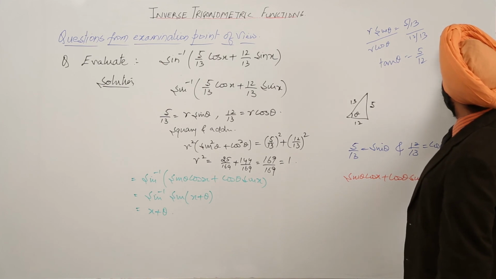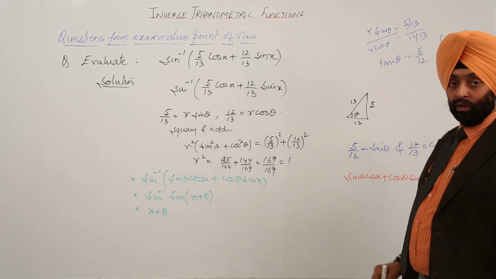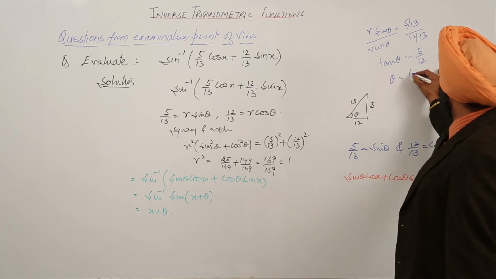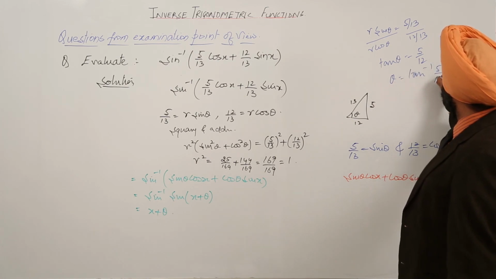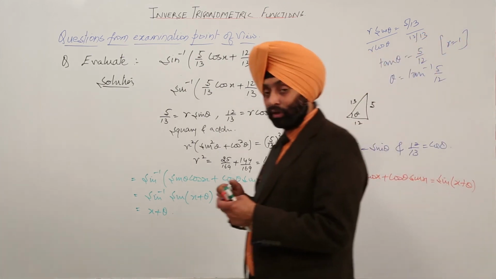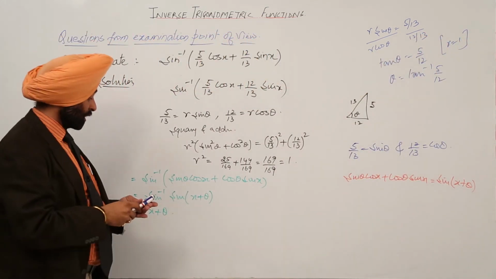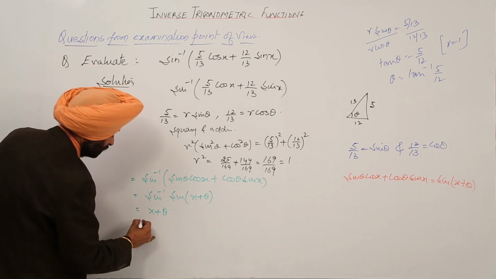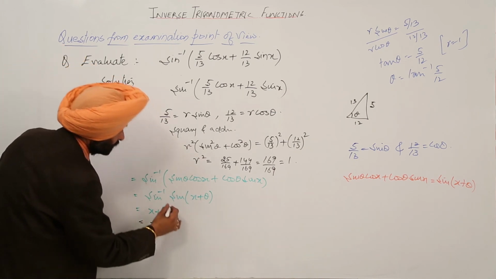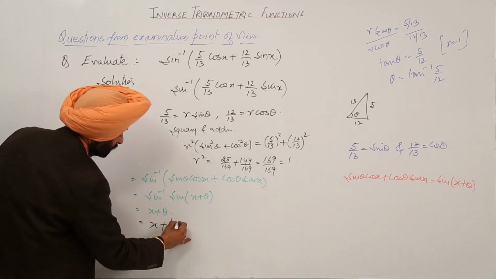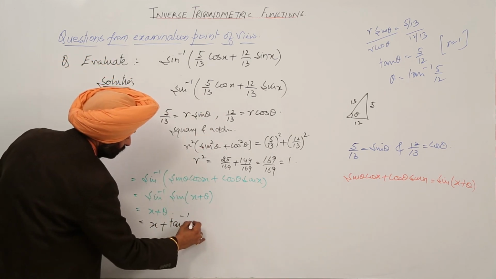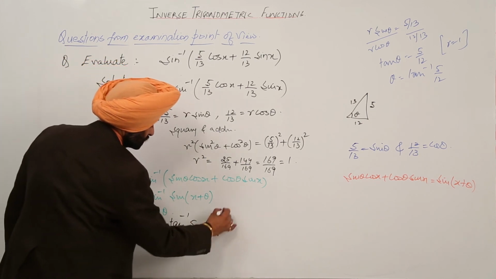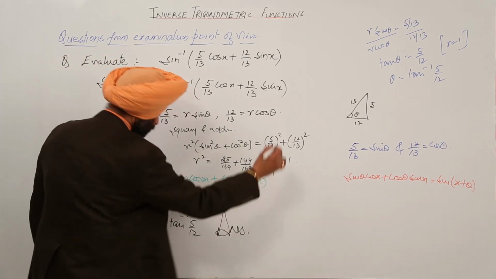It means theta is equal to tan inverse 5 by 12. That's why this question is considered a HOT type of question. Now finally, the answer: in place of theta we write tan inverse 5 by 12, so we get x plus tan inverse 5 by 12. Okay, so this is the answer. This we have evaluated.